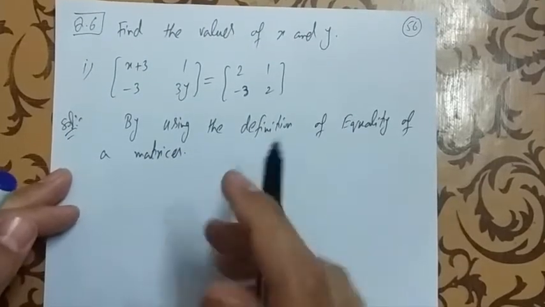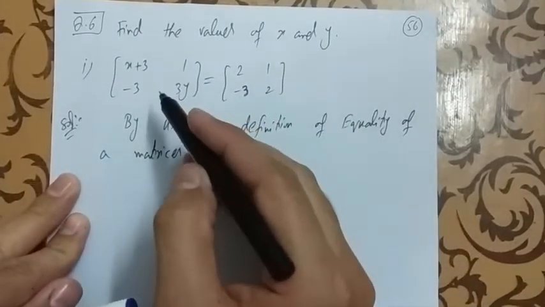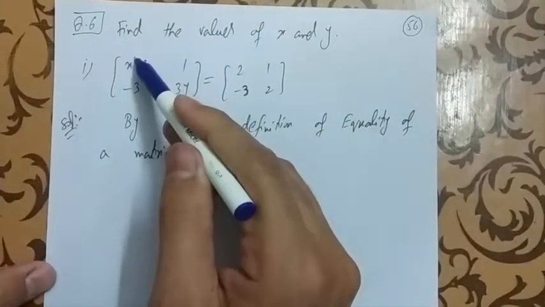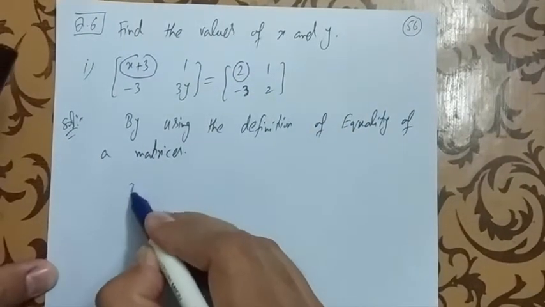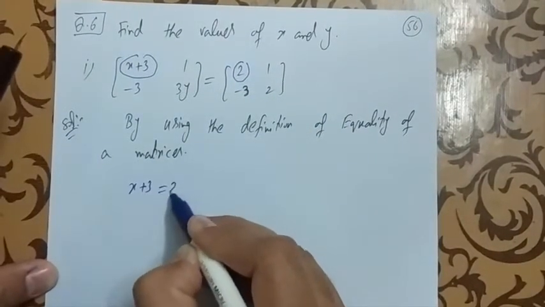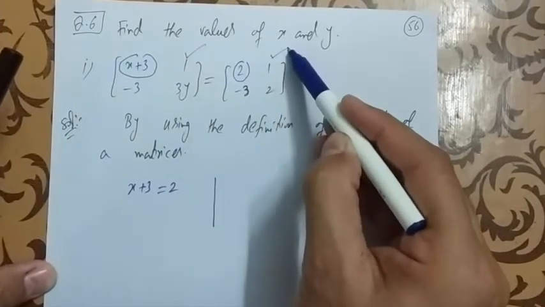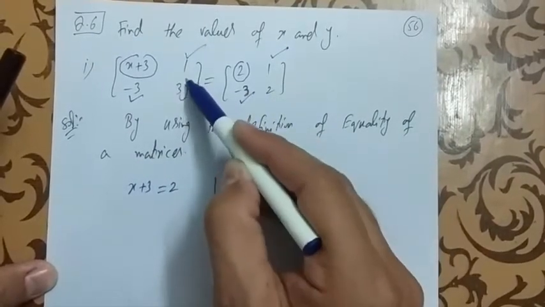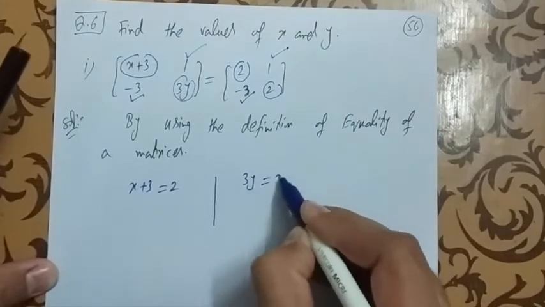If we use the definition of equality of matrices, then we know very well that the corresponding entries are the same. So this corresponding entry is equal to this corresponding entry: x plus 3 is equal to 2. Similarly for the other entries, and the last corresponding entry gives 3y is equal to 2.